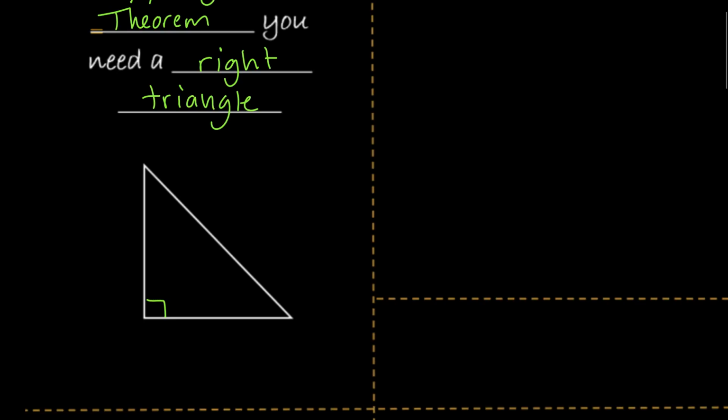Right. Someone discovered one time that always the legs, when added together, after you square them, will equal the hypotenuse squared.